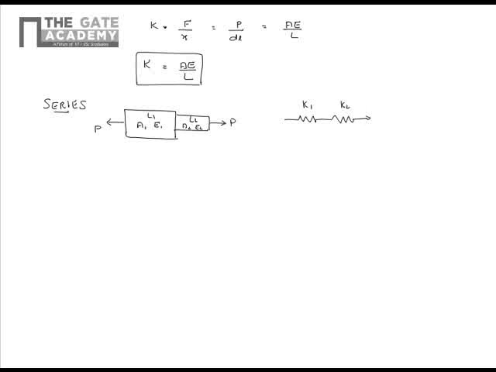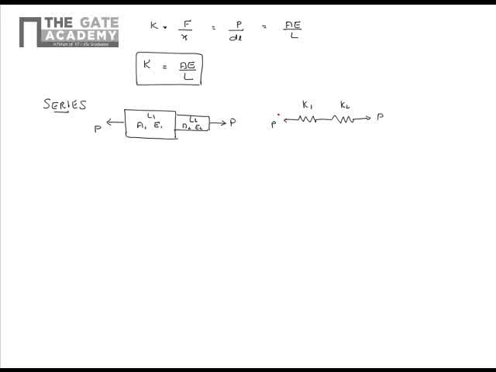What I mean by series is, when we have two shafts in series, of length L1, area A1 and modulus E1, and the second shaft of length L2, area A2 and modulus E2, subject to the load P. If we apply the concept of spring, we can represent this as two springs of stiffness K1 and K2 loaded by a force P.